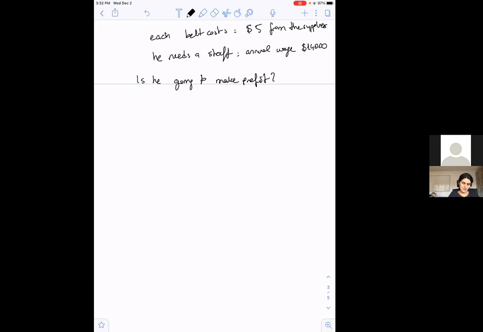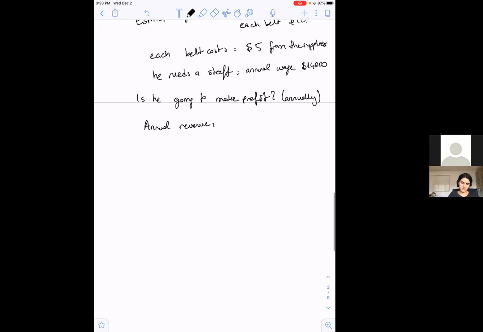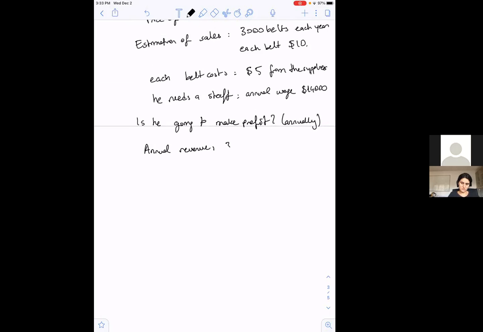So let's calculate the annual revenue. He's obtaining the revenue from the sale of the belts. He's planning to sell 3,000 belts at a price of $10, so this is $30,000.